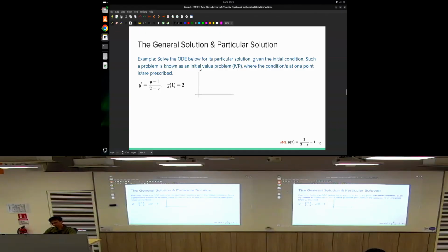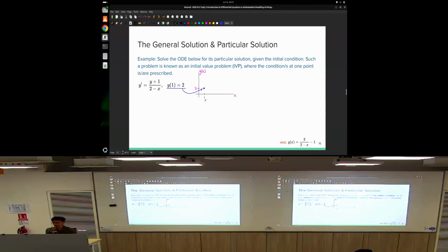This is your y of x, this is your solution, and this is your input variable x. So y(1) equals 2 is a point. This is at x equals 1, y must be equal to 2. You can see it's exactly this point. This point is called the initial condition, and therefore it is called an initial value problem. So this point is actually right here.